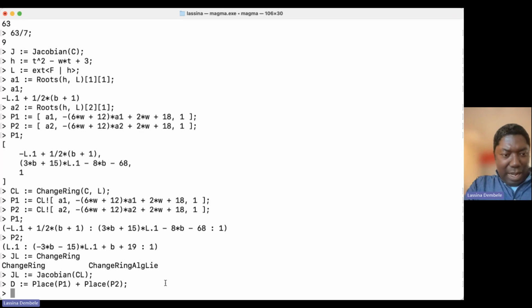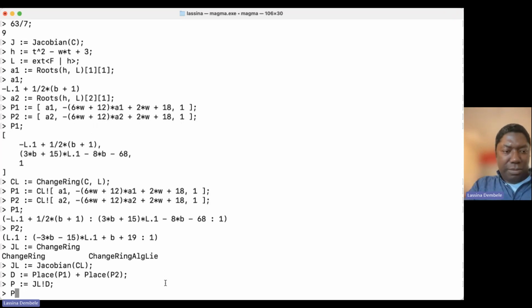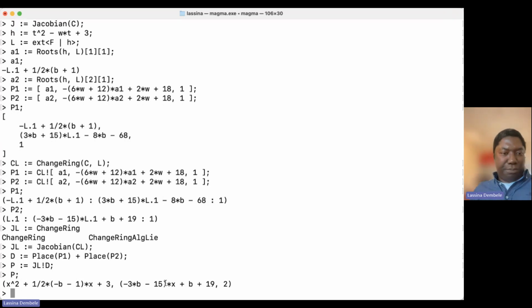And then I will get a divisor of degree 0 by adding the point at infinity. And the way I do this is by coercing my divisor into the Jacobian, and I get this. So now this tells us we have a point on the Jacobian of our curve base change to L.